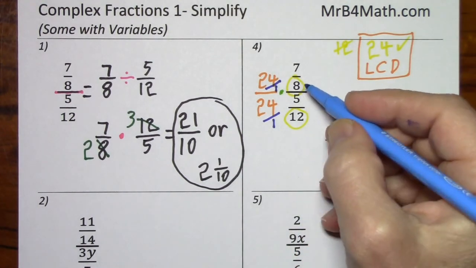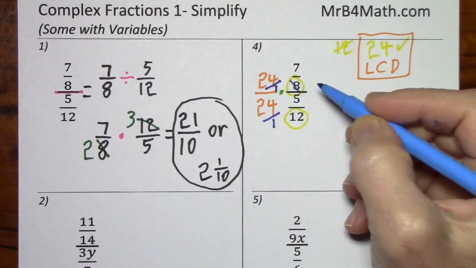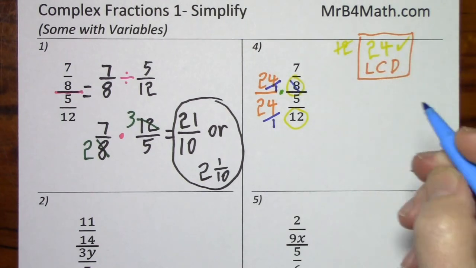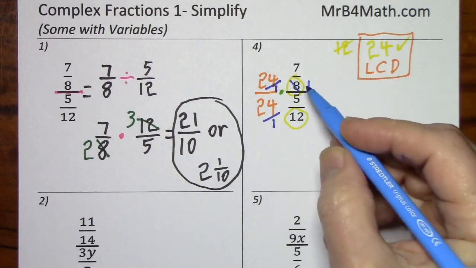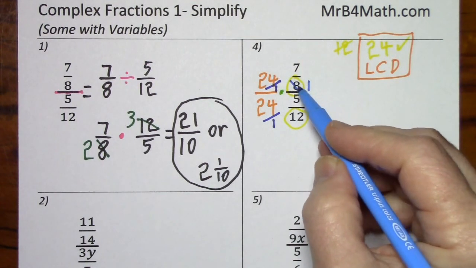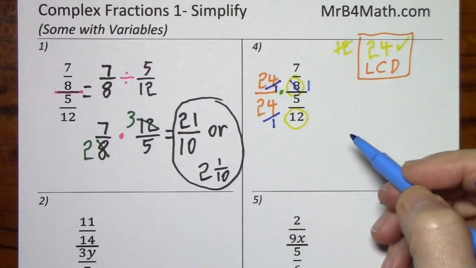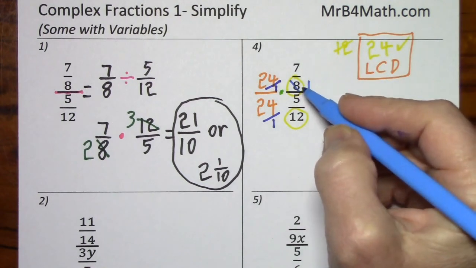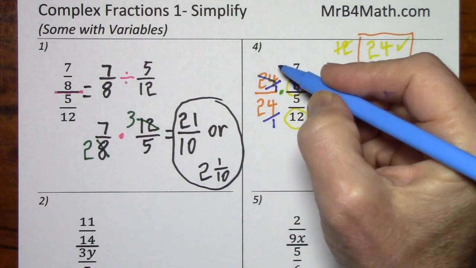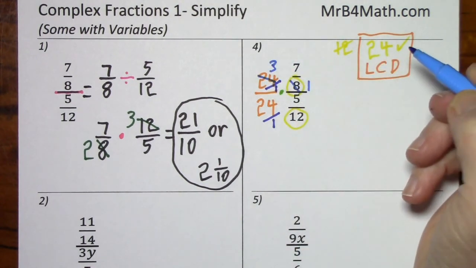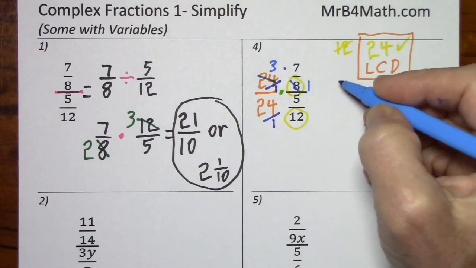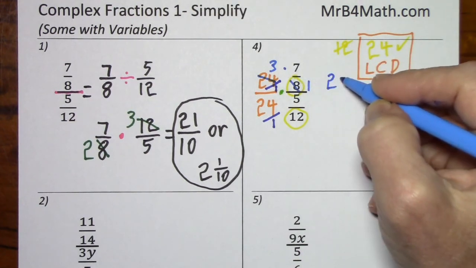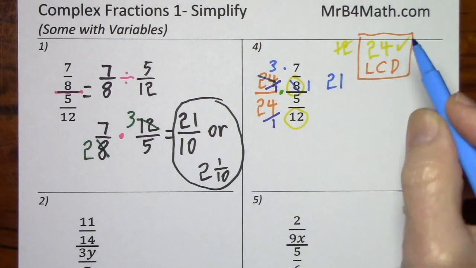And prior to multiplying, I like to reduce. 8 goes into 8 once. This will always be a 1 down here, so I'm not going to write it, but I'll show that it cancels. 8 goes into 24 3 times. 3 times 7 is 21.